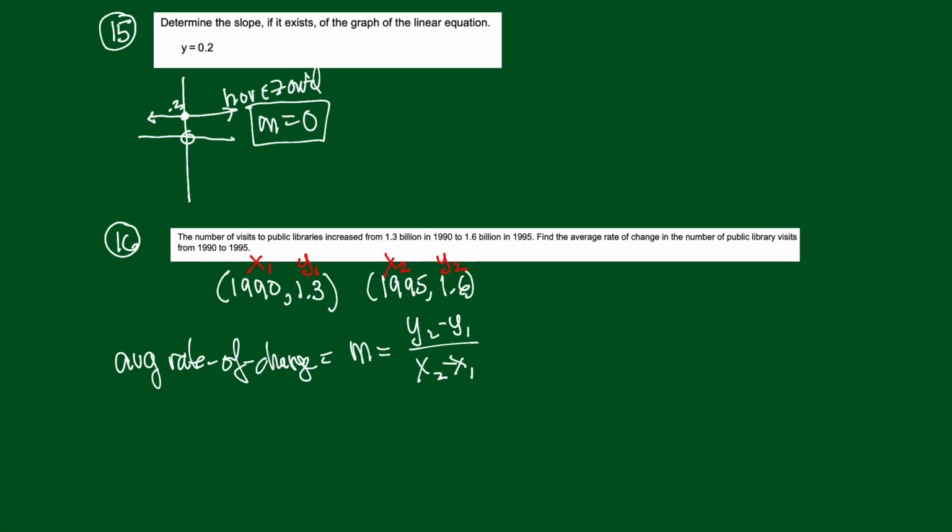So let's plug these values in and compute. Our slope is the second y minus the first y. The second y is 1.6, the first y is 1.3. So this is 1.6 minus 1.3 over the second x minus the first x. The second x is 1995, the first x is 1990.